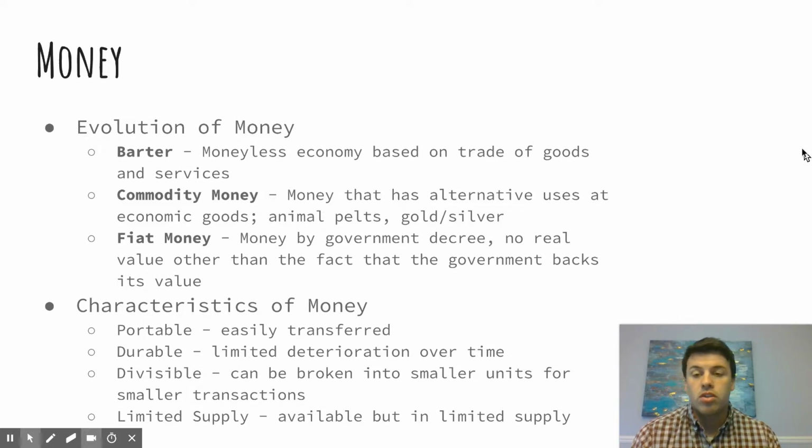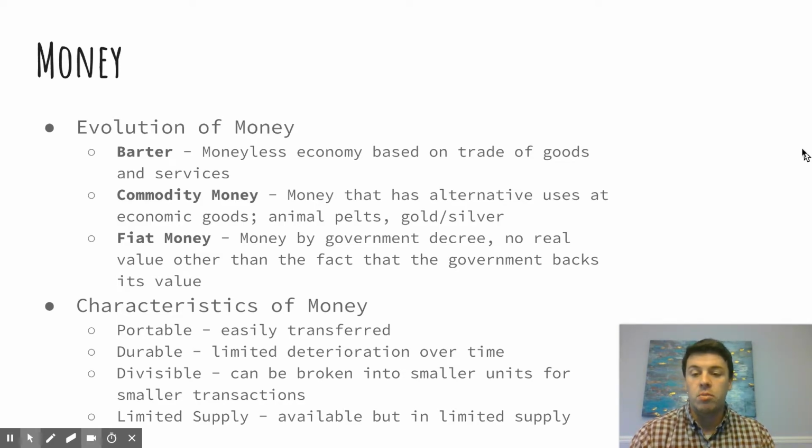There's a big change that occurred when we move to fiat money, which is a little bit more common in the present day. This is money that does not have that commodity value, but is based on just simply a government decree. So there's no real value to it other than the fact that the government has deemed it to be of value. All right. So you think about our paper money in the United States that has no actual value other than the fact that we believe that it has the value that it does.